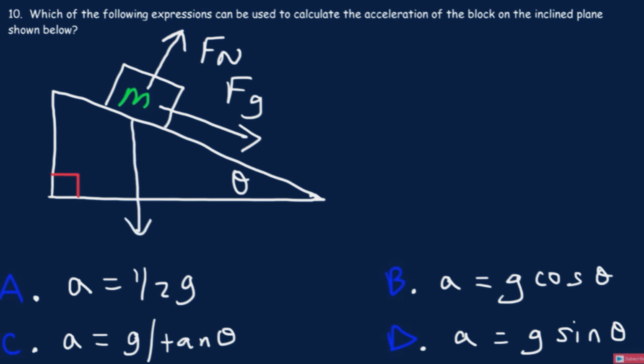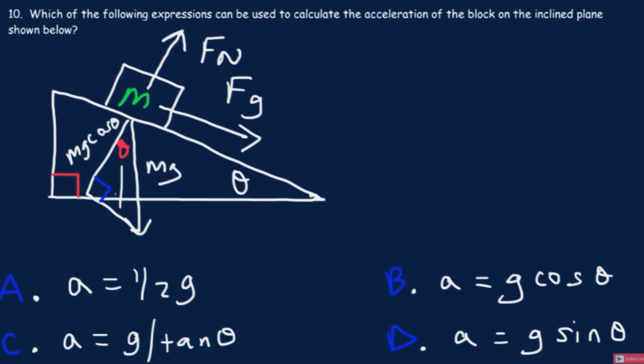Let's turn it into a right triangle. So this angle is the same as the angle here. Now this side is adjacent to the angle, so that is going to be hypotenuse times cosine theta, so that is mg cosine theta.